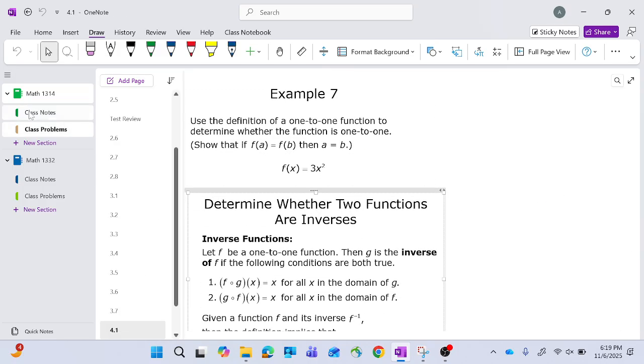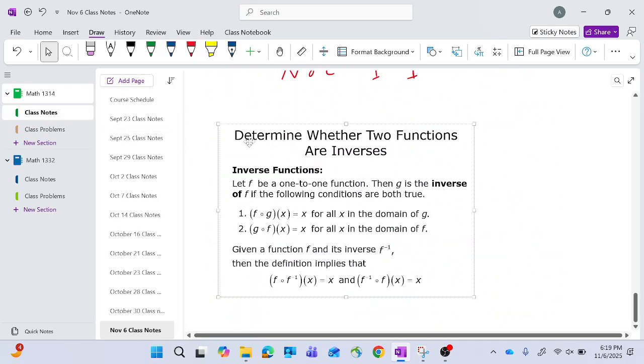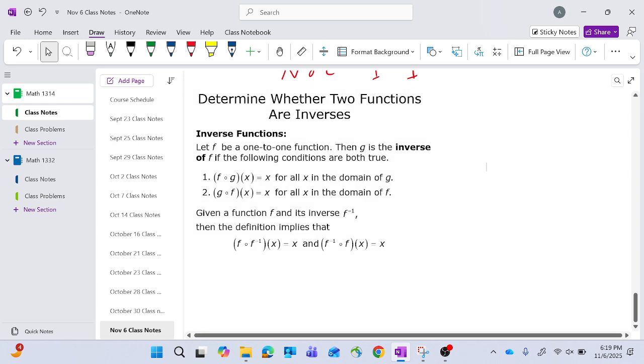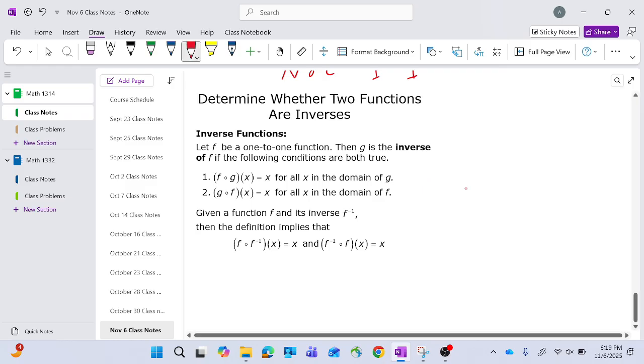Now determine whether two inverses are functions. So, inverse functions, let f be a one-to-one function, and g is the inverse of f if the following conditions are true. Essentially, all it's saying is that if you have f of x and g of x, I think it's a little confusing.